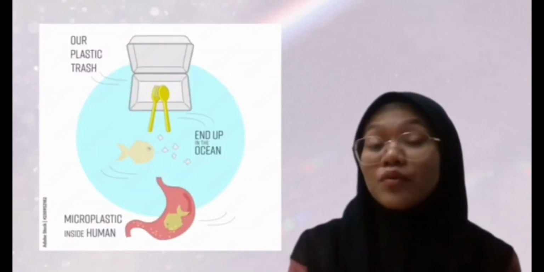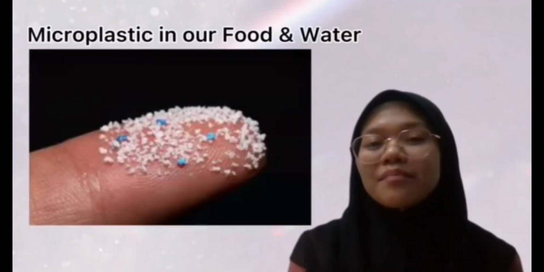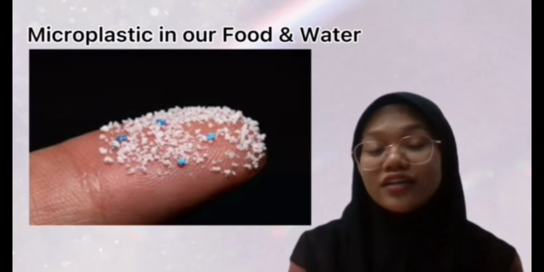Humans. Because of chemical additives used during plastic production, plastic has potentially harmful effects on human health. Indeed, exposure to toxic chemicals coming out of plastic can cause cancers, birth defects, impact immunity, and other health problems.